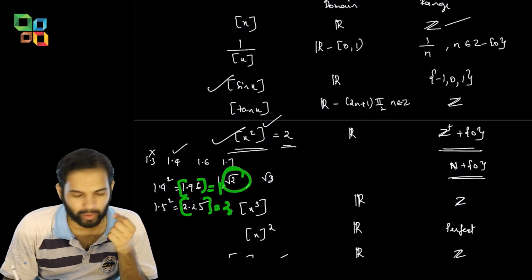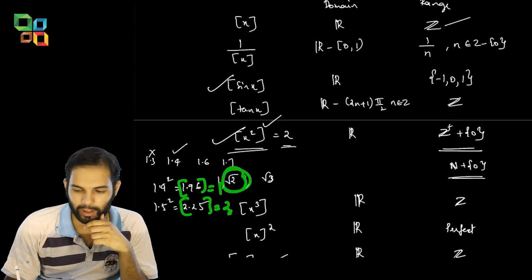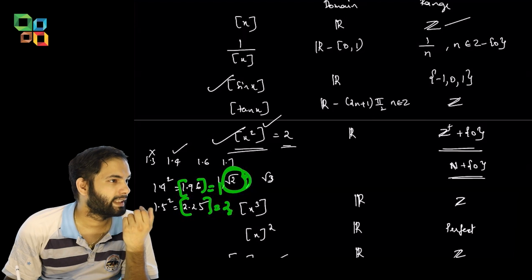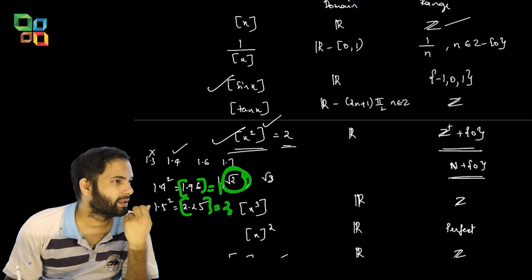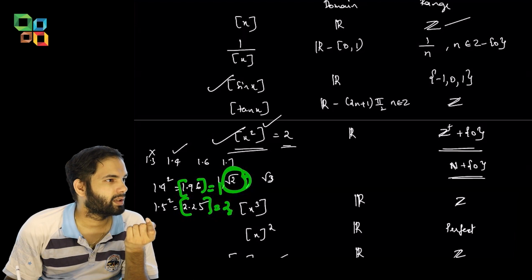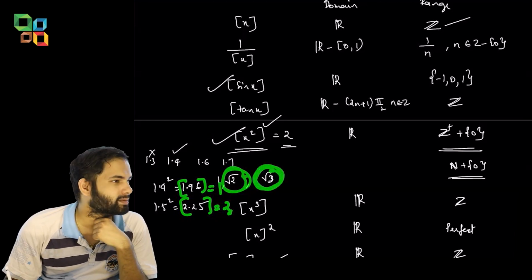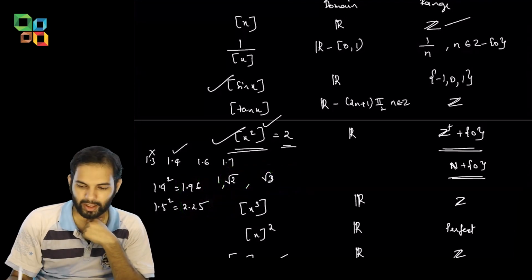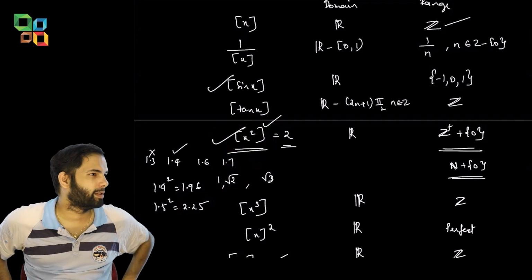That's the number root 2. What happens at root 2? The square of root 2 is 2. Little below root 2, the integer part is 1. Little greater than root 2, the integer part will be 2. Similarly, the next jump will be at root 3. The next jump will be at root 4. And so on. Try to draw the graph of this. It might be more clear.